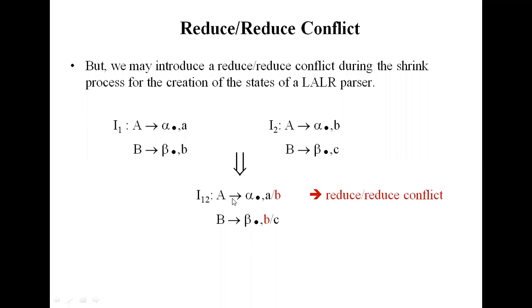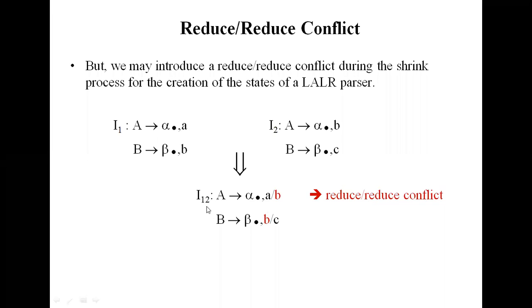That means when we are filling the entries in the parsing table, we get a conflict like this. What type of conflict is it? Reduce conflict. Why? Because at I12, A tends to alpha dot has lookaheads of A or B. That means both the rules are ended, the dot was processed at the end.